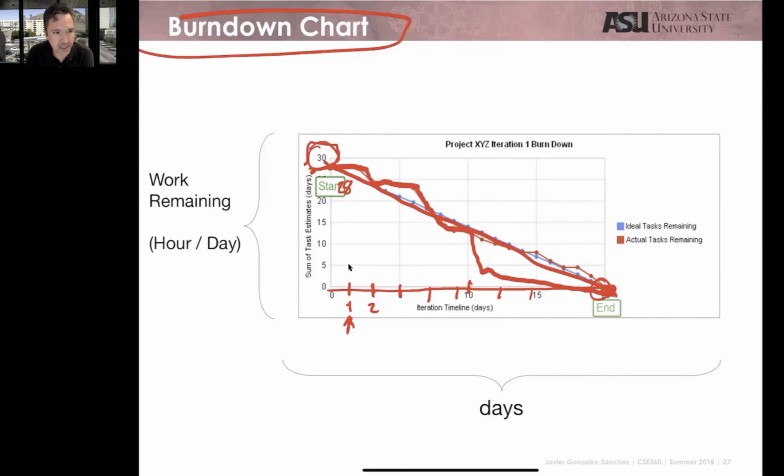This is the main report moving forward that you are going to be showing to the customer. And this is a chart that represents one sprint. Think about it.